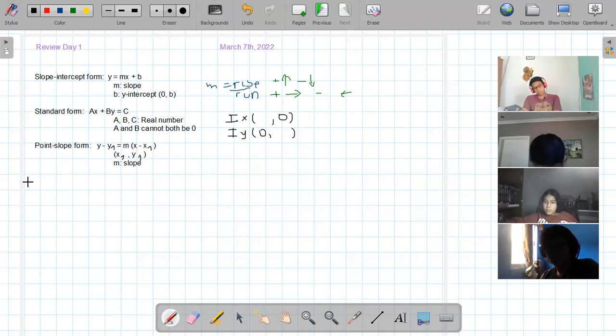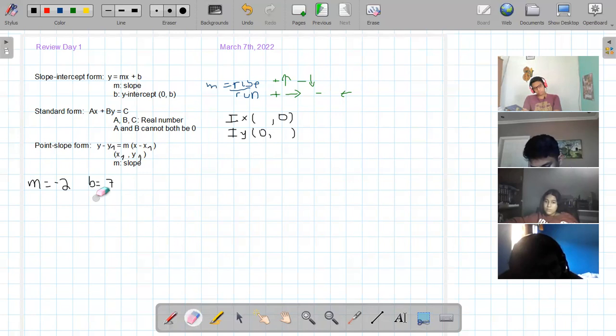So let's say the first exercise I have, m is equal to -2 and b is equal to 3. You're going to find the equation and then we're going to graph.